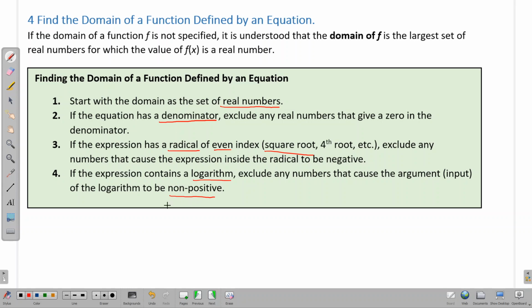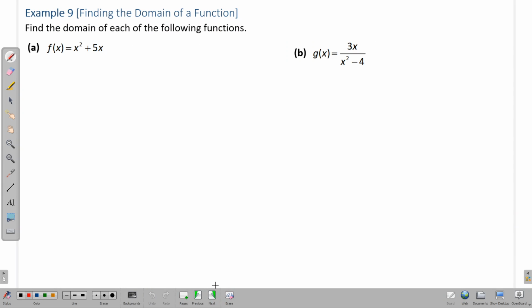So I call these things bad behavior. The bad behaviors that we can't have are division by 0, even roots of negative numbers, and logs of non-positive numbers. Any x value that would make any of these things happen has to be thrown out of the domain. All right, so let's do some examples.